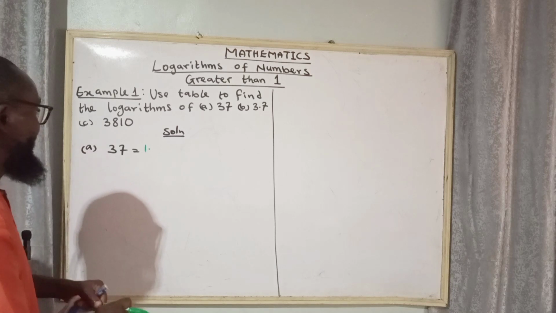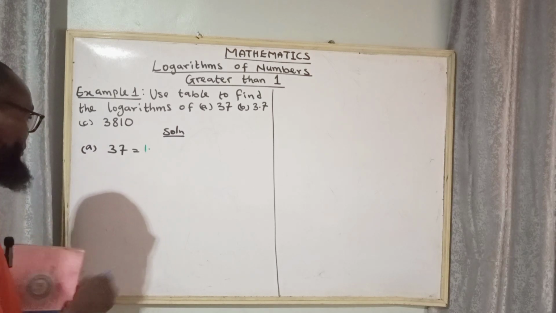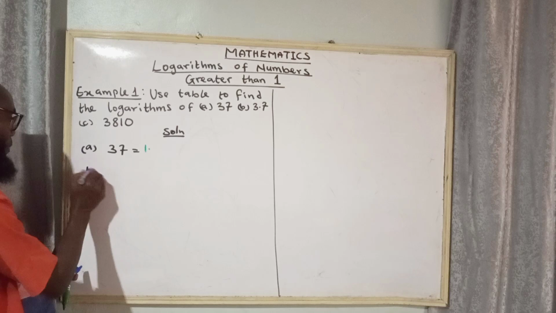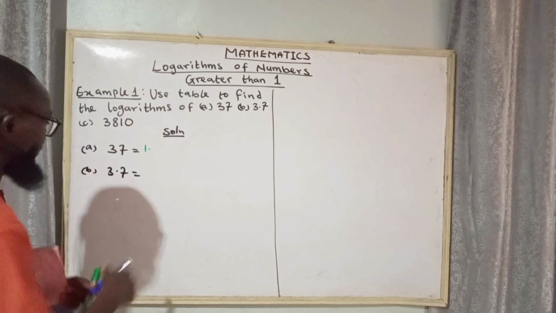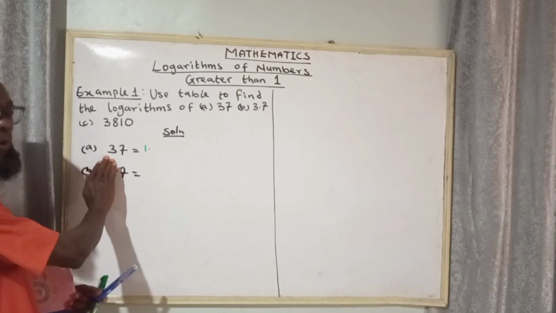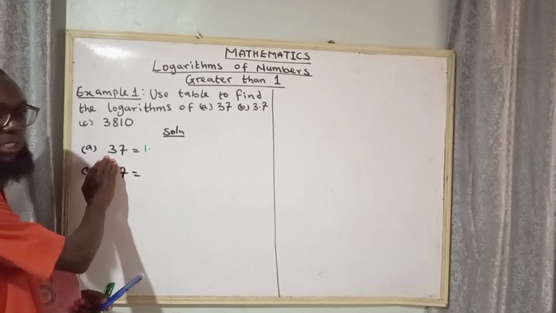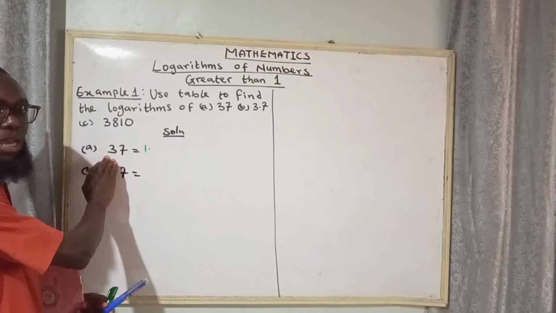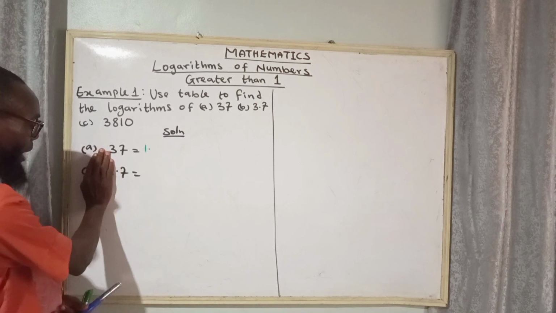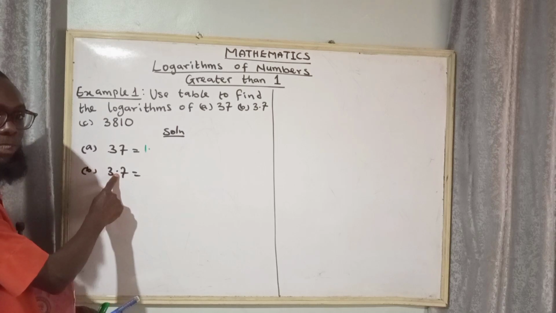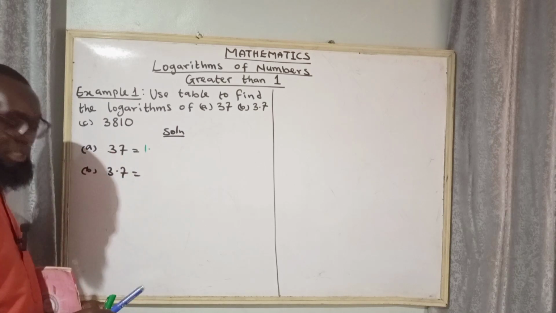Let's check for the second one, B, 3.7. If I cover this 3 and I want to count how many digits are at the back of this 3, I must not jump the decimal point. So definitely there are no digits at the back of the 3.